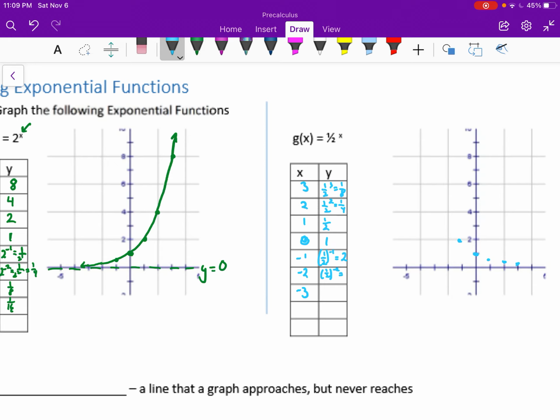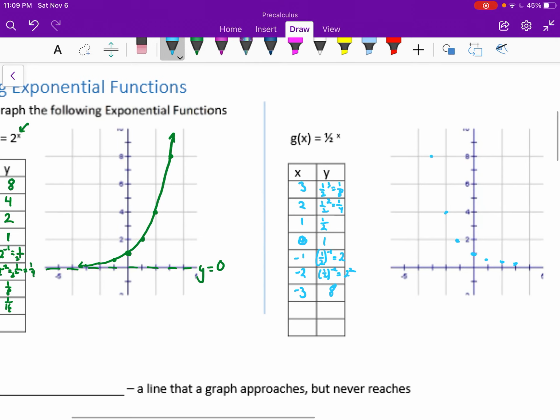So the reciprocal of 1/2 is 2. 2 squared is 4. And when we put in negative 3, we get 8. And we see our graph comes down left to right. It decreases. The x-axis will once again be a horizontal asymptote.